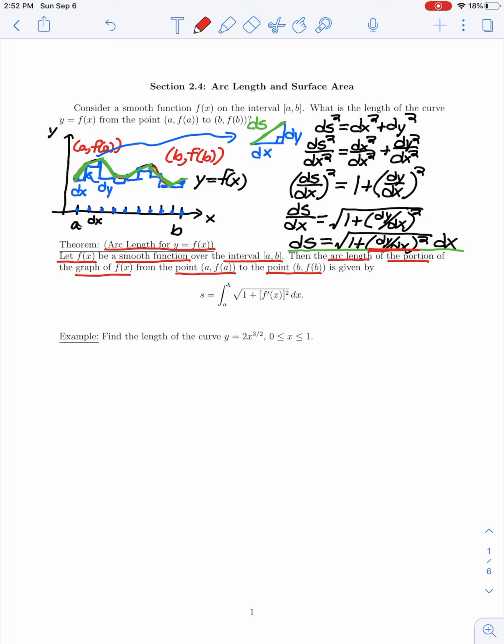So if y is given by a function f of x, then its derivative would be f prime of x. We're squaring that quantity, and then we had our differential of x on the end.